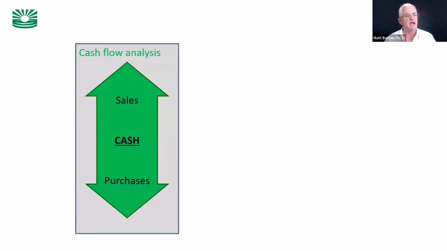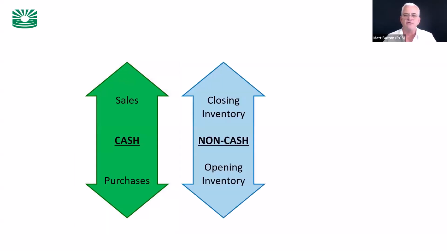So we've got the sales and purchases. They're pretty easy to account for because we usually get a summary from our agents. Then we've got to measure the difference in inventory. Has the inventory increased or decreased over the period?